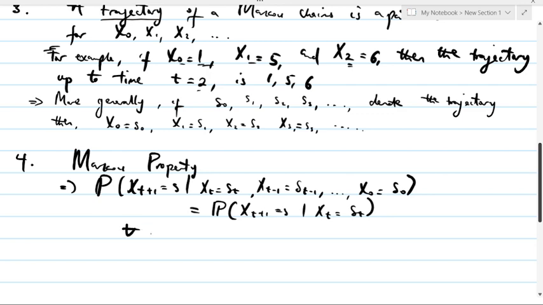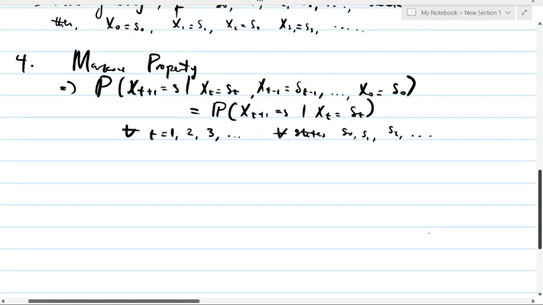For all t equals 1, 2, 3, and so on, and for all states x0, x1, x2, and so on.